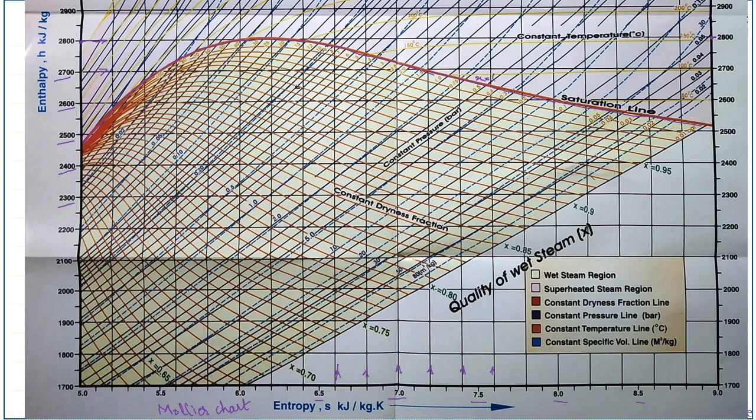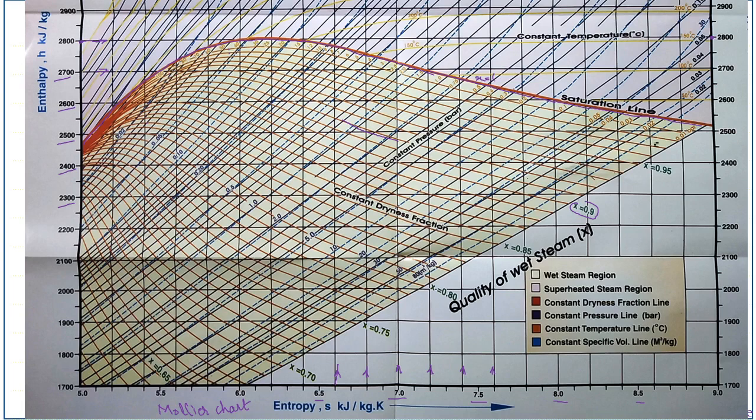So the number of lines which are parallel to this curve, we can see here one line, many more lines are parallel, curves are parallel to this. So here this is one more line. So this line is parallel to this previous curve, and if we come here, this value is given here. So constant dryness fraction curves are approximately parallel to this saturation curve, not exactly parallel, but these curves are having the same profile as this saturation curve.